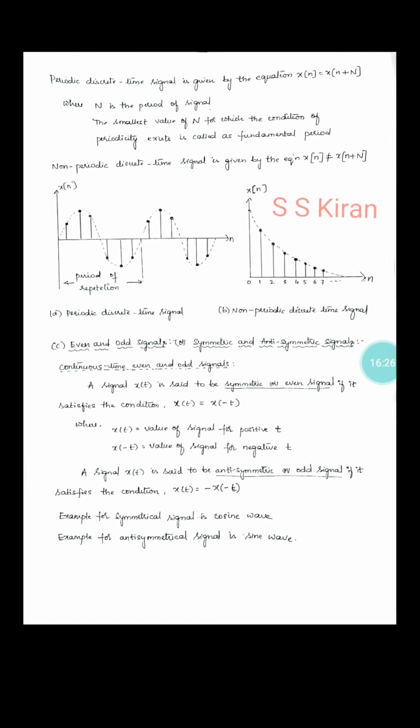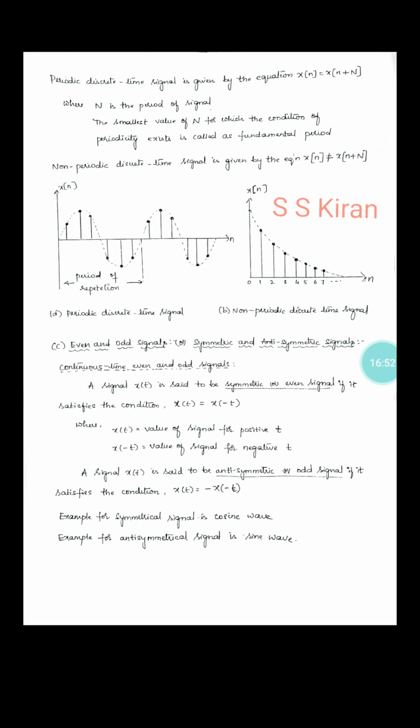Then coming to the third one, even and odd signals. You know very well that even and odd signals are also called symmetric and anti-symmetric signals. There are continuous time even and odd signals, and at the same time we can also discuss discrete time even and odd signals.